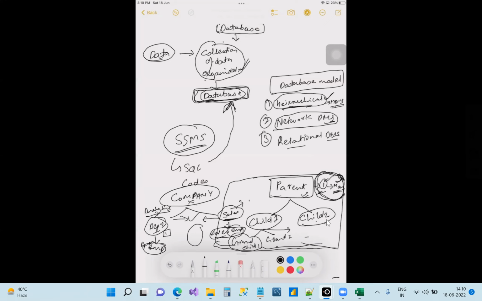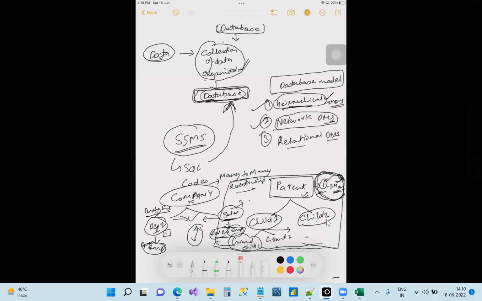In this there is many to many. From this one column there could be many values, so there would be a many to many relationship. Don't worry about many to many, one to one right now. Just understand it diagrammatically. If not, tell me and I'll repeat it. In the network database management system, did you get it?